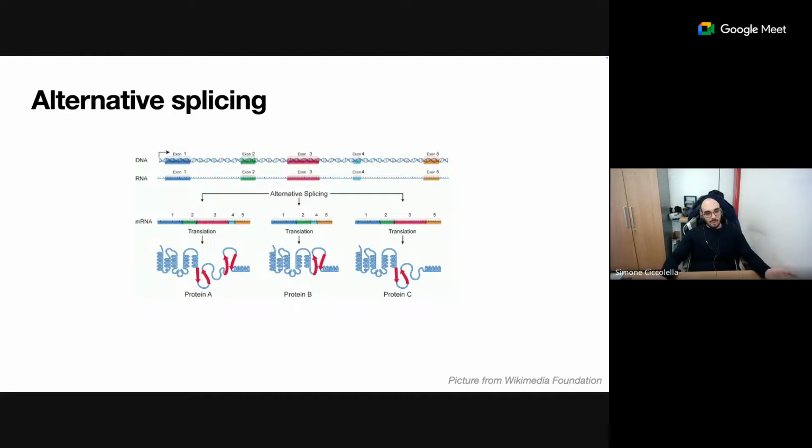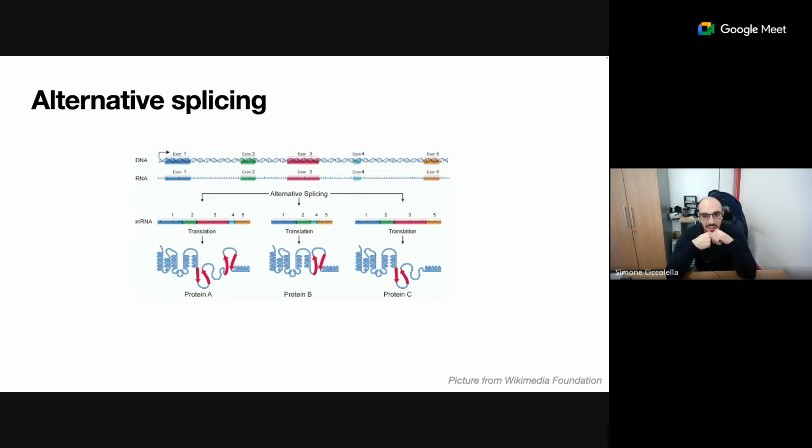So the last problem that I want to show you is the problem of alternative splicing. Alternative splicing is this phenomenon that we see in nature where, when we express from DNA to RNA and then get the protein, this translation is not always the same, right?